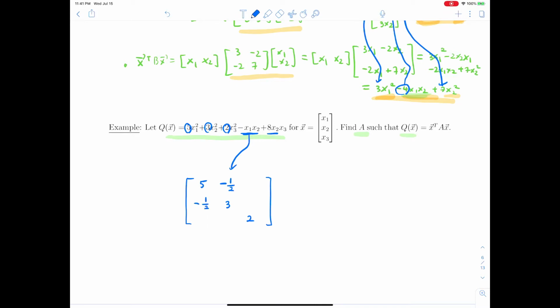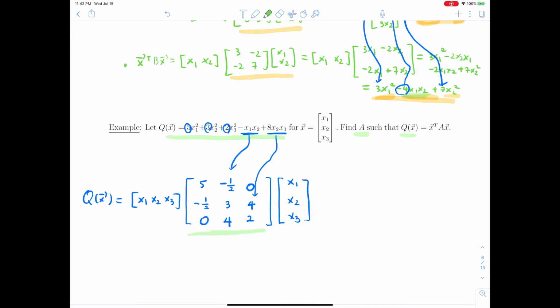And again, you separate the next one into 2, that gives you 4, and put that into the 2,3 and 3,2 entries. So we get 4 here and 4 here, and the rest are zeros. Then if you multiply this by x1, x2, x3 on the left and the right, you will get Q of x. Here you can see that the matrix A is a symmetric matrix.